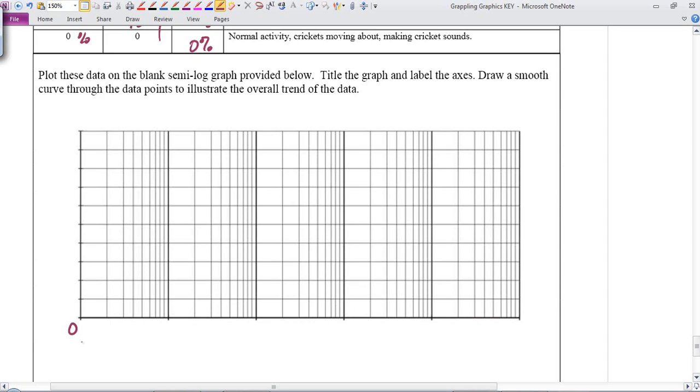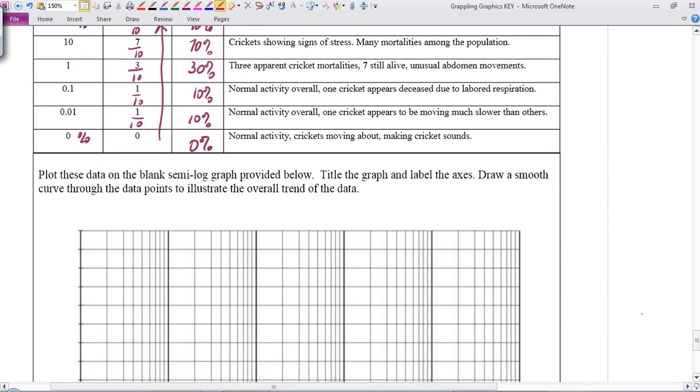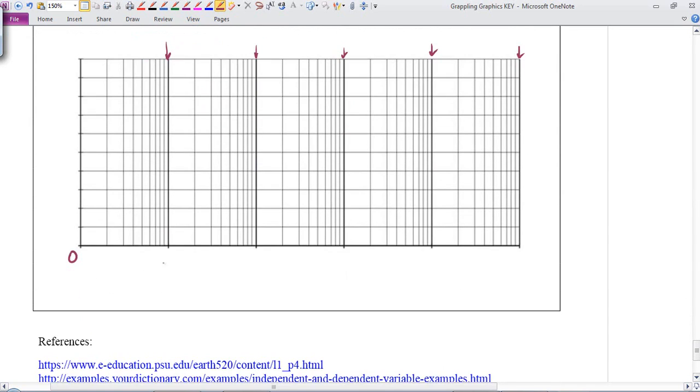But for you to now look back at your data and realize that these vertical lines, before they get big again, this is like your dividing line between the powers of 10. So we're starting at 0, and then we're going 0.01, 0.1, 1, 10, and 100. That's not so bad, is it?